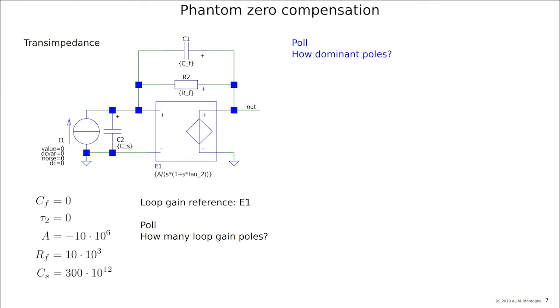Then the time constant of R2 and CS should correspond with a frequency smaller than 10 megahertz. Well, that is 10 kilo ohm and 300 picofarad, which is 3000 nanoseconds, which is definitely dominant. So we have two dominant poles.